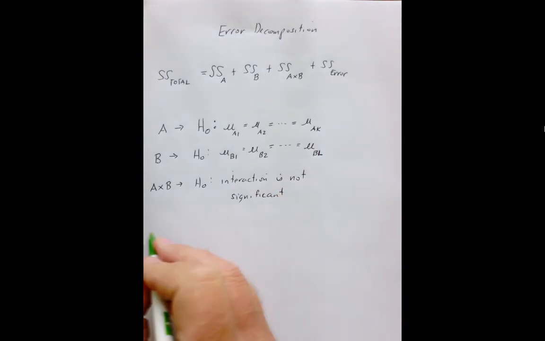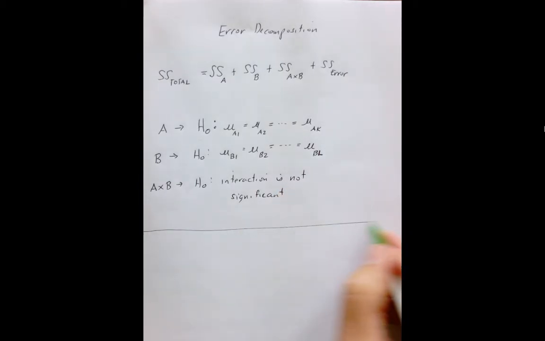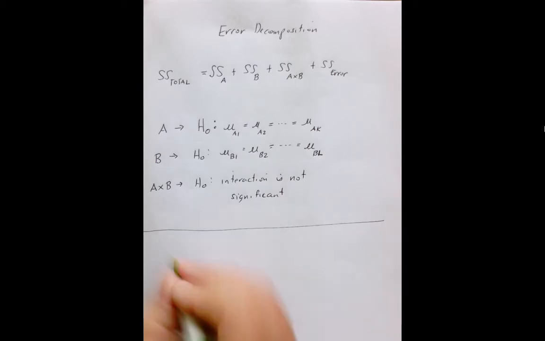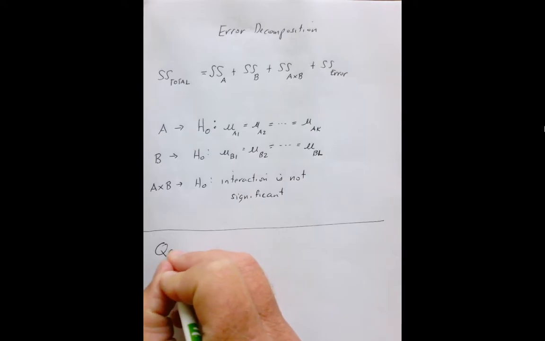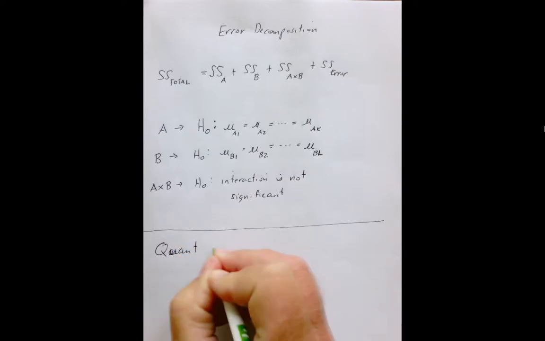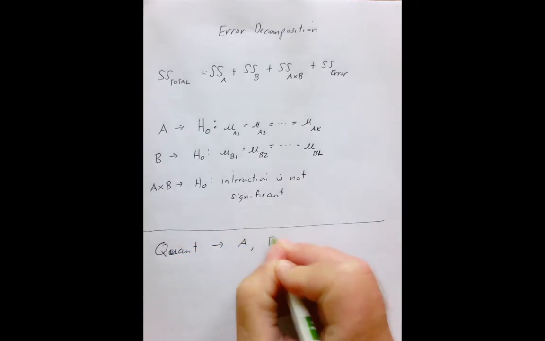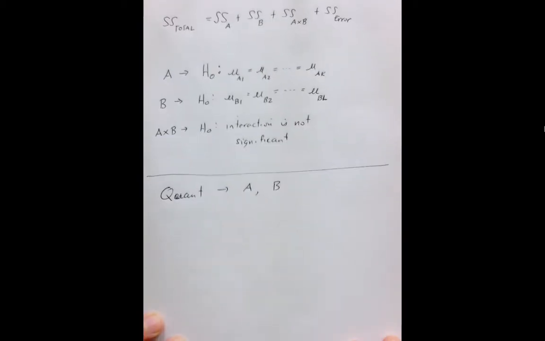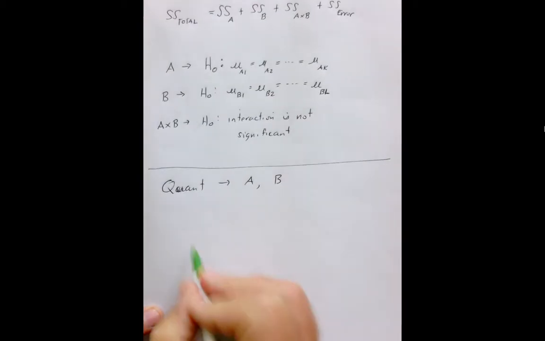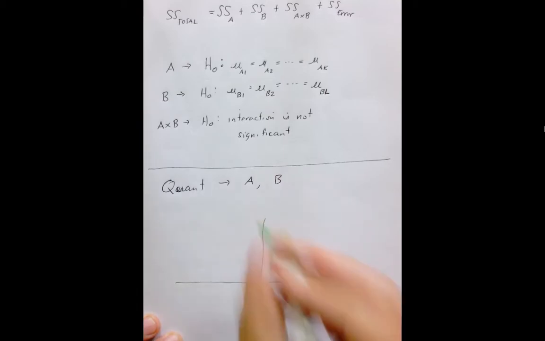So a good way to look at this is, let's say we have some data, we have a quantitative measurement, and we want to look at this over groups A and B. Well, we can take our measurement, and let's just say that A has two groups and B has two groups.